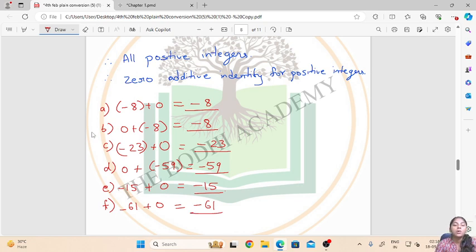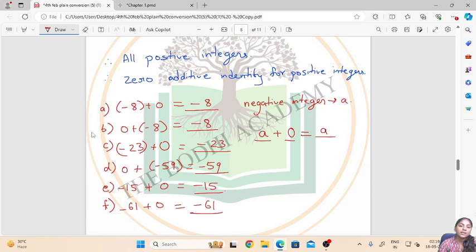So here in all these examples we can see that a plus 0 is equal to a, for any negative integer a. If we add 0 to it, we will get the integer itself.